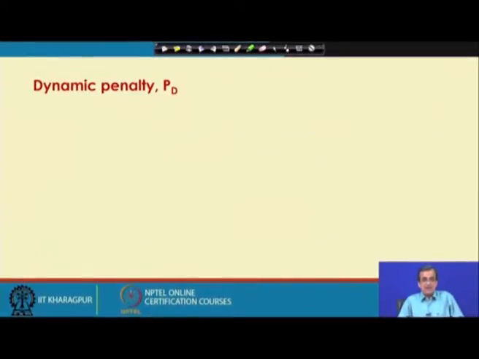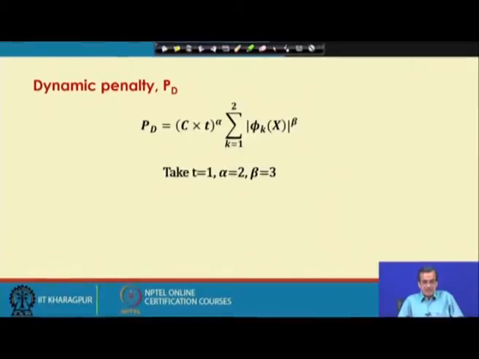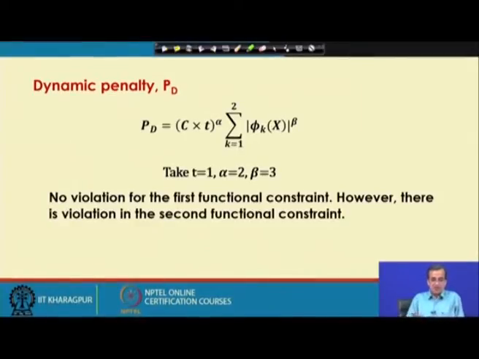Now, I am going to discuss the concept of the dynamic penalty. The dynamic penalty is calculated as follows: P d is C multiplied by T raised to the power alpha, times the summation for k equals 1 to 2 of the mod value phi k x raised to the power beta.